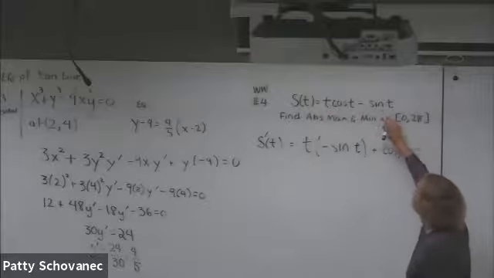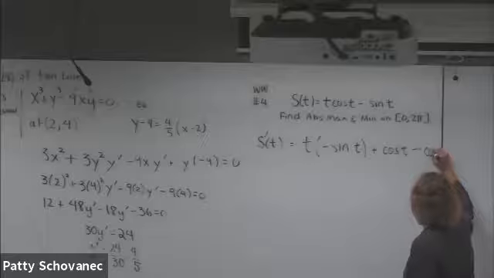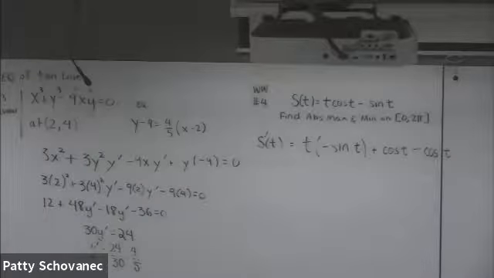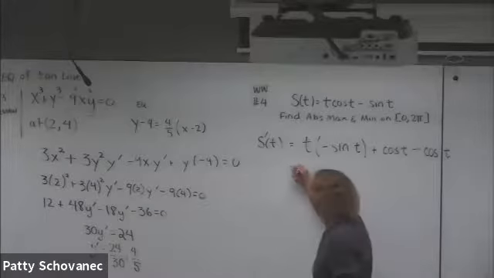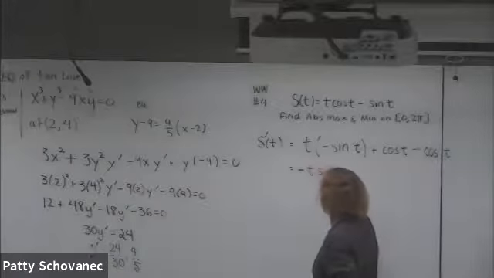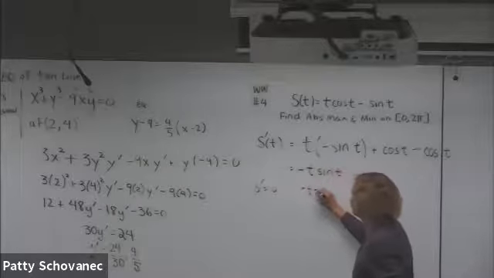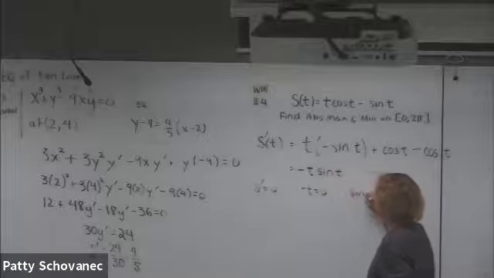Then over here, the derivative of sine of t is the cosine of t. So these two cancel each other out. We just have minus t sine of t left. So S prime is 0 when minus t is 0 and when the sine of t is 0.